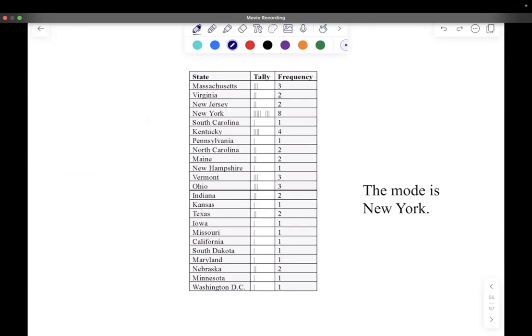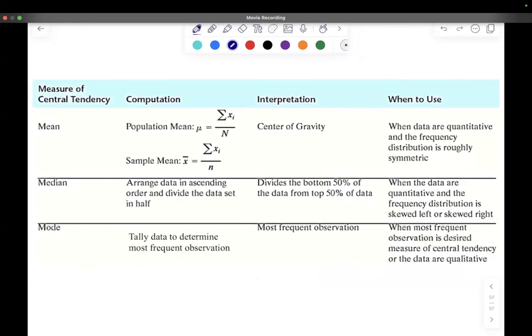All right, this is it. This tells you when to use which one. So for mean, if the data is quantitative and we have a roughly symmetric distribution, use mean.